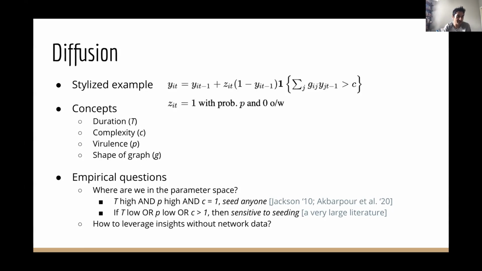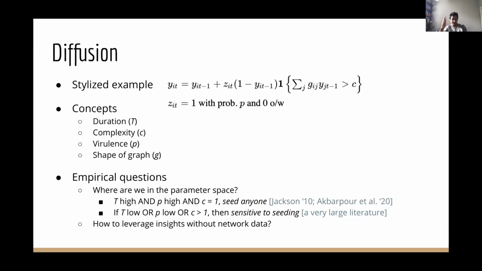This raises an empirical question first, which is where are we in the parameter space? So to give you two contrasting examples, if things last forever and virulence is really high and just exactly one person speaking to me makes me adopt, then Matt had an old result and Akbarpur and others have a variation on it now, which is you can basically see a collection of random people and you're good to go.